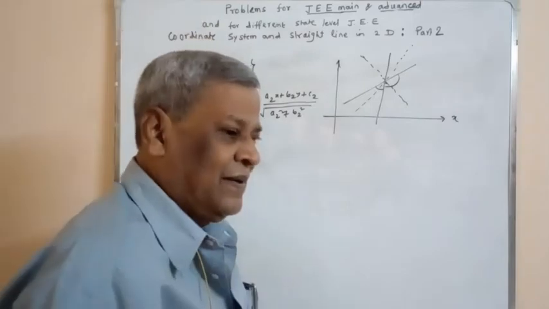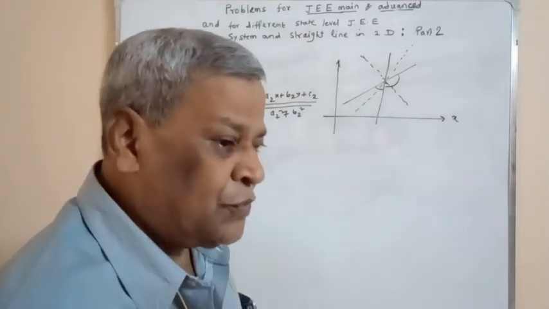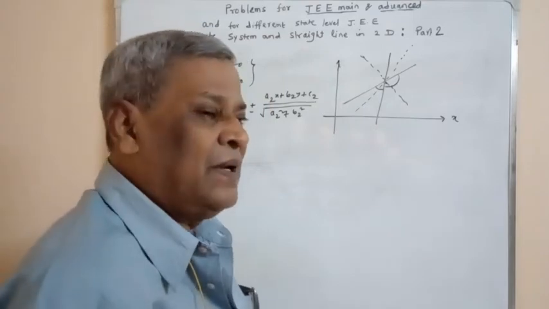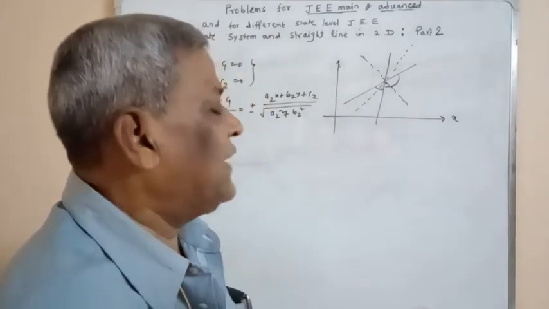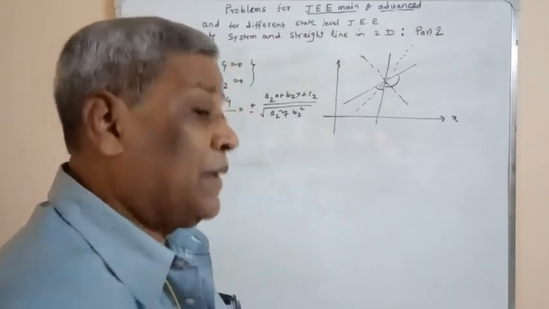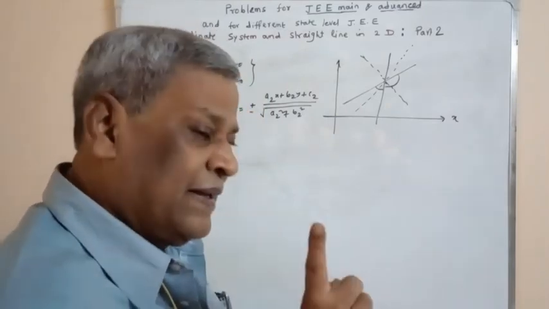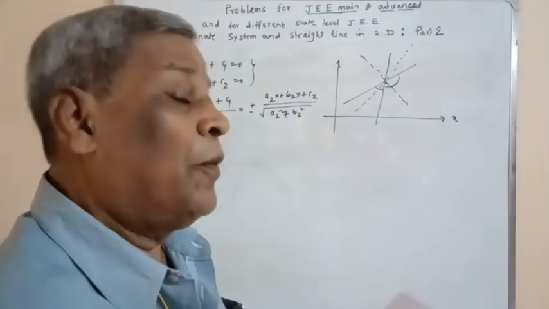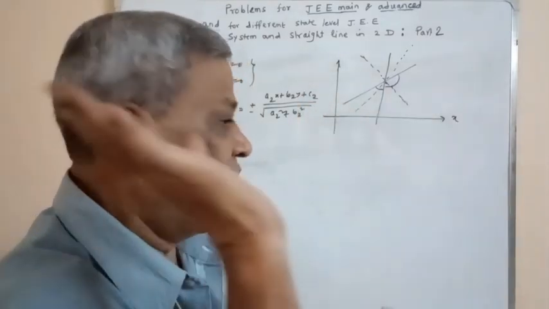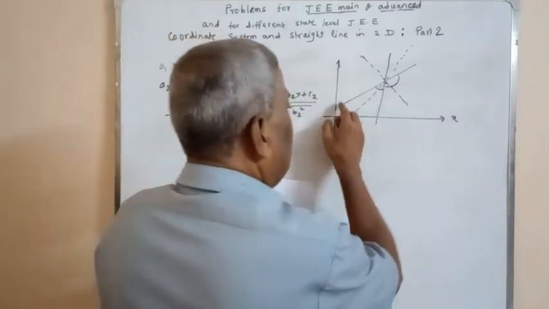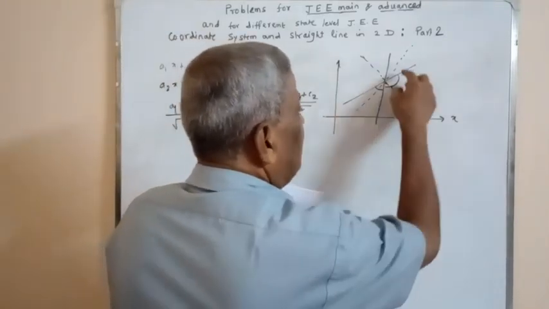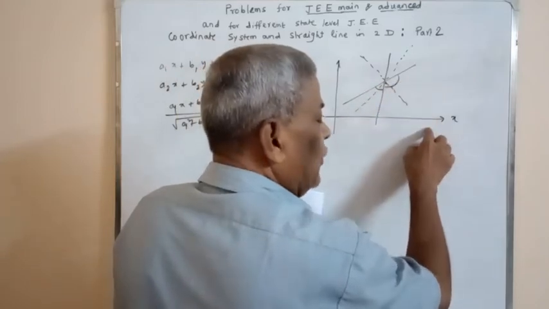Now from there, two very important points are there, and often this type of problem is given in different competitive exams. Number one, find the equation of the bisector of the angle which contains the origin. Now you see, this angle contains the origin, that angle does not contain the origin.